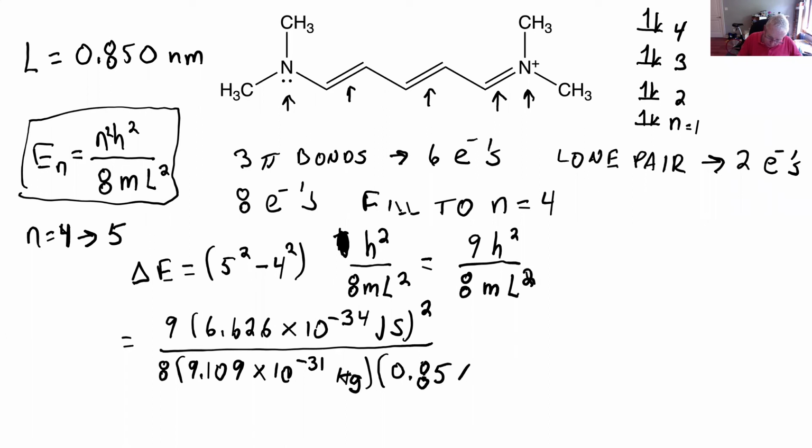So I have to do times 10 to the minus 9, and that's squared. If I multiply all that out, I'm starting to run out of room here. I will get, according to my notes, 7.5 times 10 to the minus 19 joules.